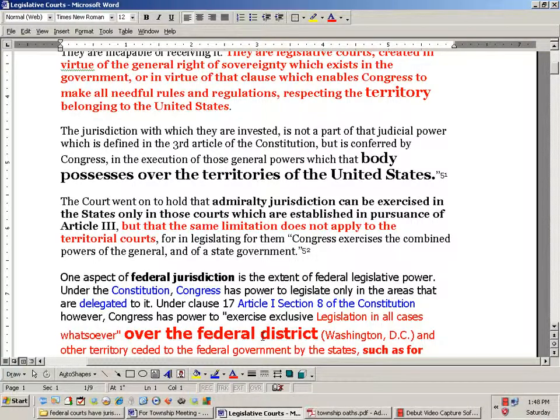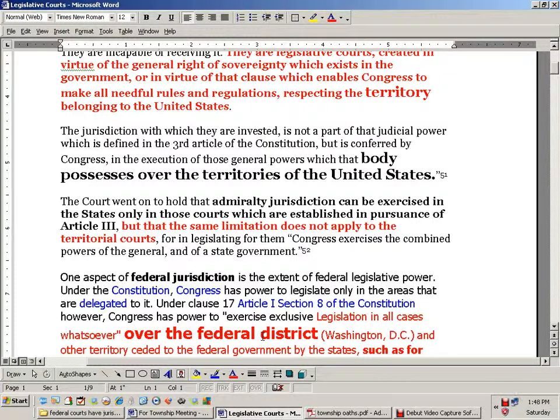The jurisdiction with which they are invested is not part of the judicial power which is defined in the 3rd article of the Constitution. So they're not Article 3 courts. But it is conferred by Congress in its execution of those general powers which that body possesses over the territories of the United States. Again, these courts are in the territories.